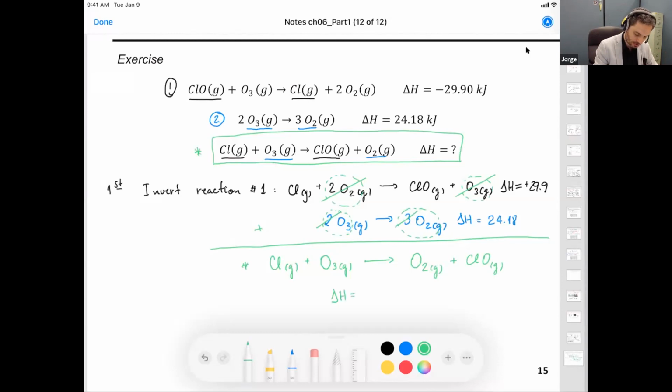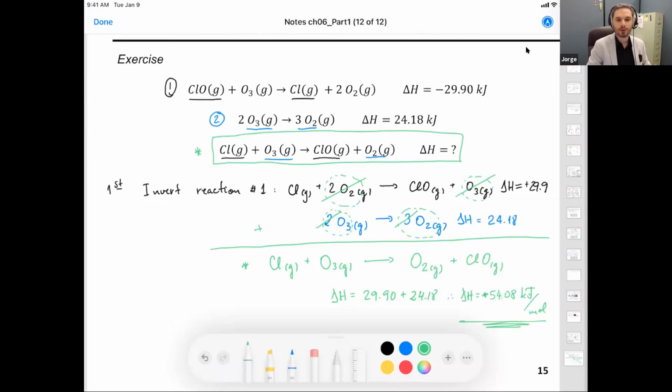Well, we just summed the two reactions, so we are going to do the same thing for the delta H. 29.9 is for the first one, plus 24.18 for the second one. Therefore, the delta H that we were looking for is going to be equal to plus 54.08 kilojoules per mole.